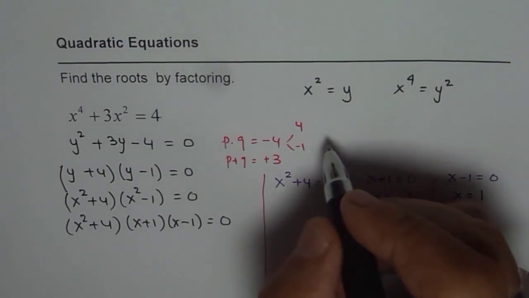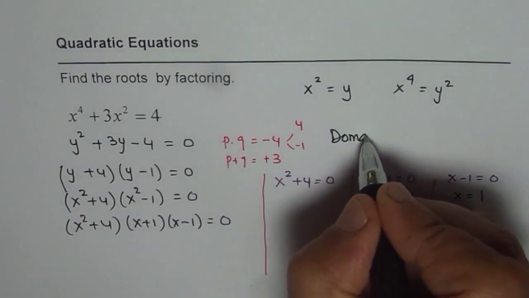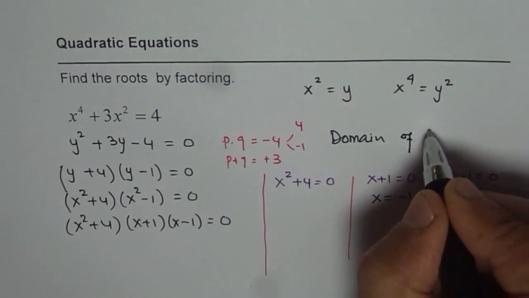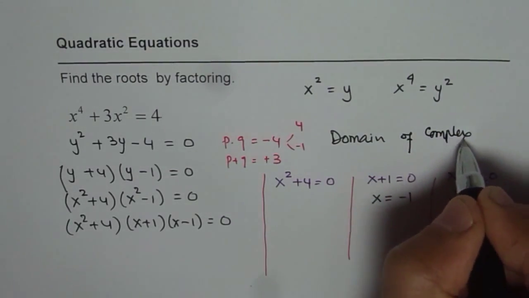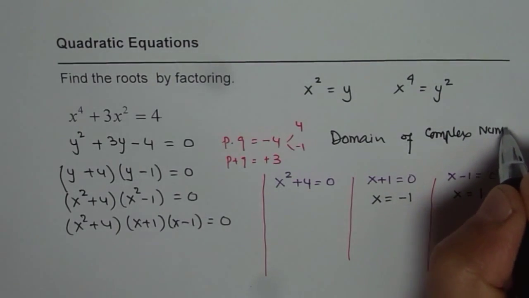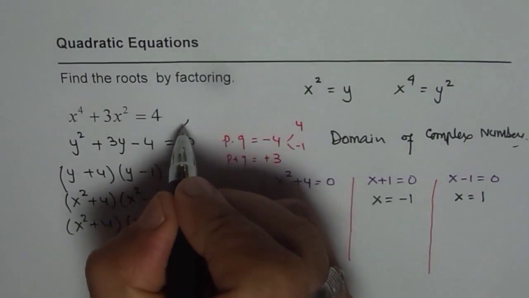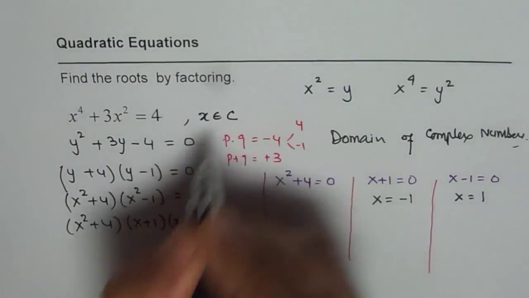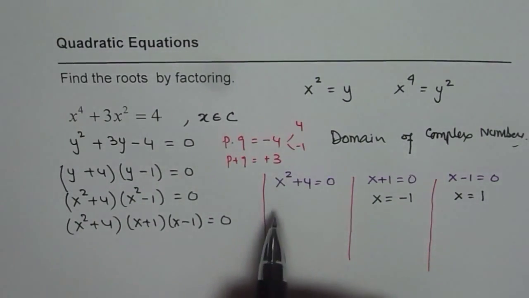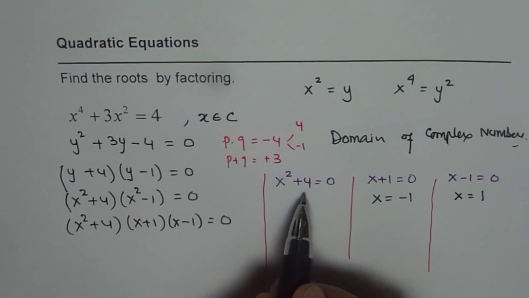But if we change our domain, say if we have the domain of complex numbers, now this question is from IB higher level maths, and they are actually solving it in the domain of complex numbers, right? So where x belongs to complex numbers, in that case we have two solutions here also, right?